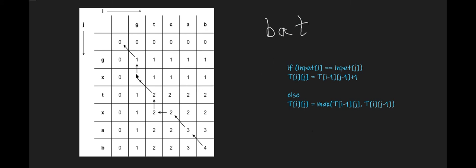Next, this 1. When we check the row of 1, it is X and the column is G. Both are not equal. So we can't traverse diagonally. It is a maximum of this 0 and this 1 here. So we have to move vertically upwards, since this 1 has come from this 1 here.